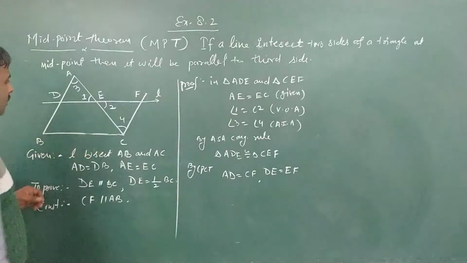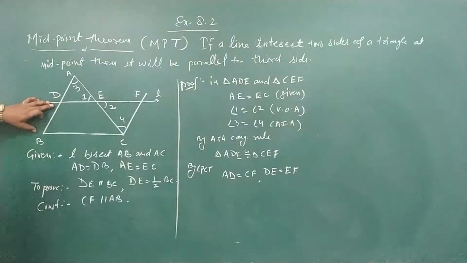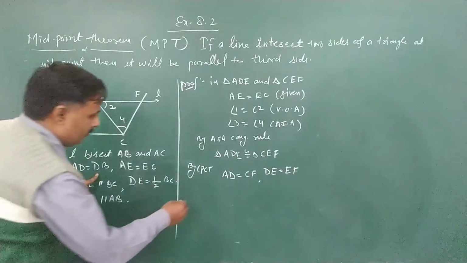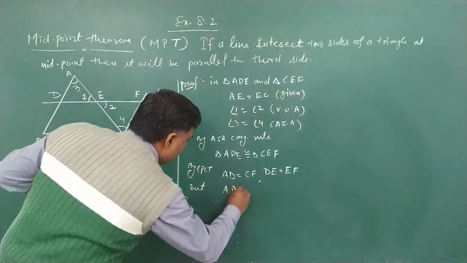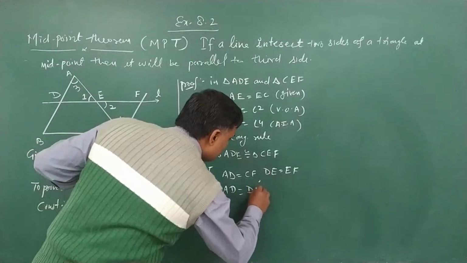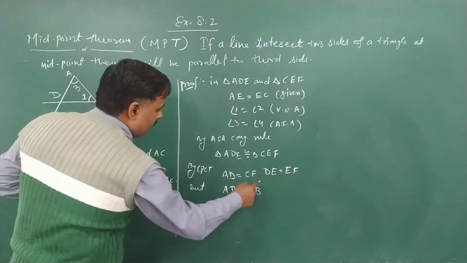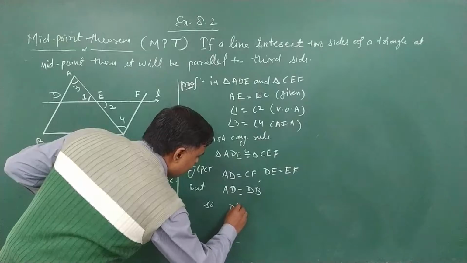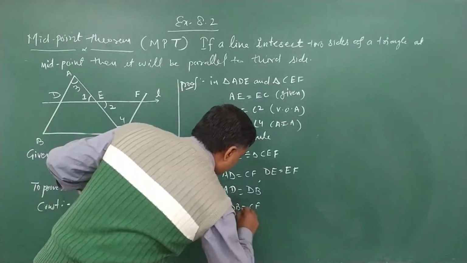We proved that AD is equal to CF, but AD is already equal to BD. Why? Because it's given AD is equal to DB. So if AD is equal to CF and AD is equal to DB, we can say DB is equal to CF.